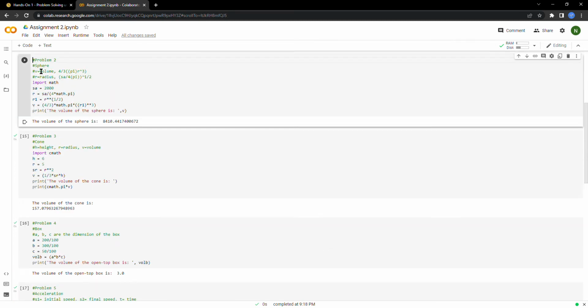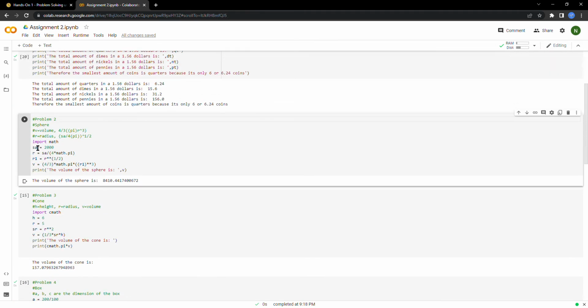We use import math here to use math.pi, because if we use CMath, we cannot directly multiply it here. SA equals 2000 square meters, divide it by 4 pi and take the square root of the result. For the volume, it equals 4/3 math.pi multiplied by the radius cubed.